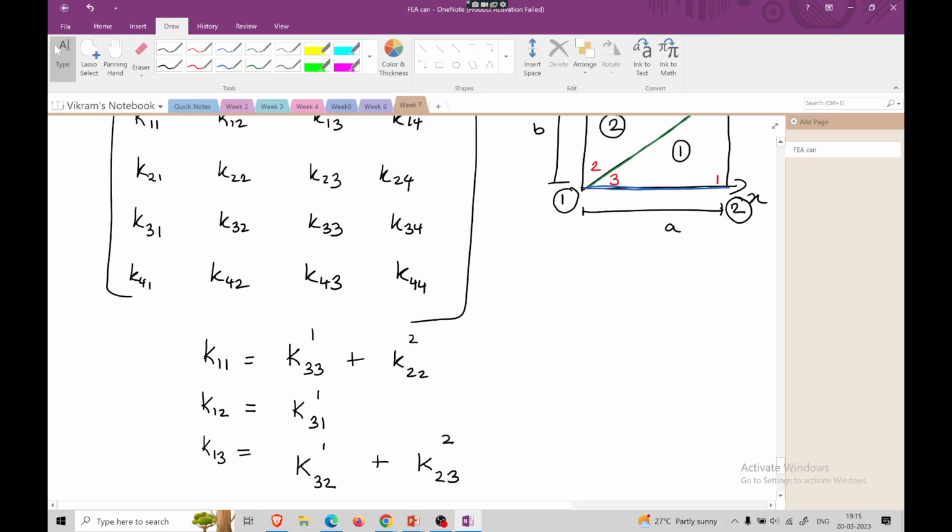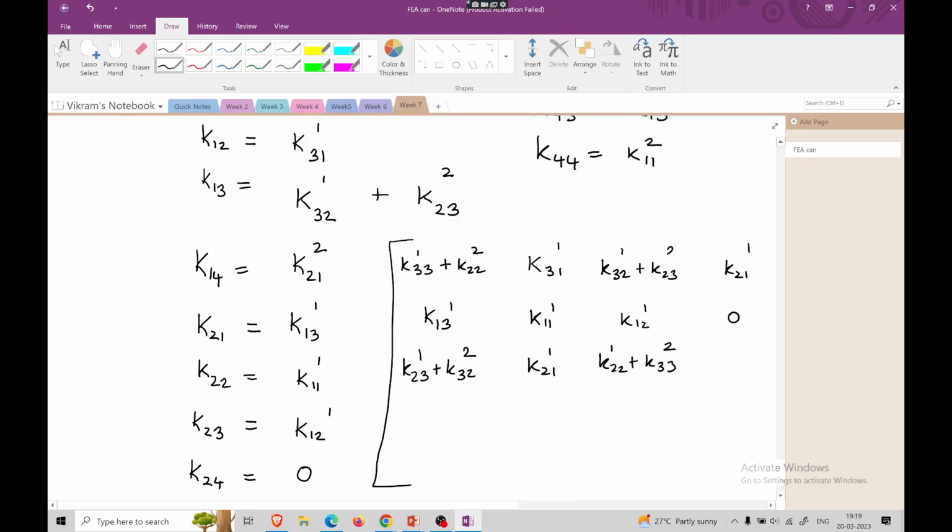This will be K31 of the second element. Similarly, this is K12 of the second. This will be 0. K13 of the second element.